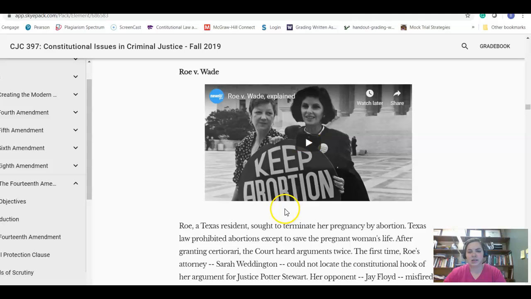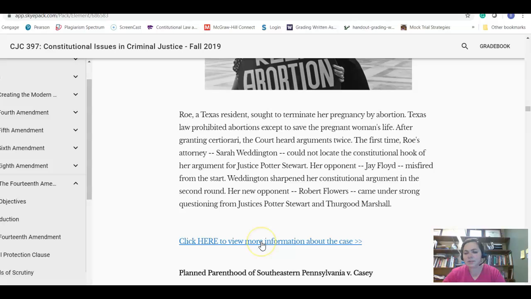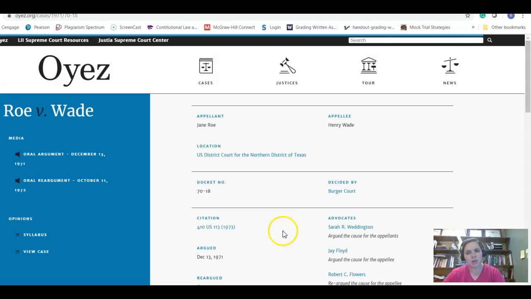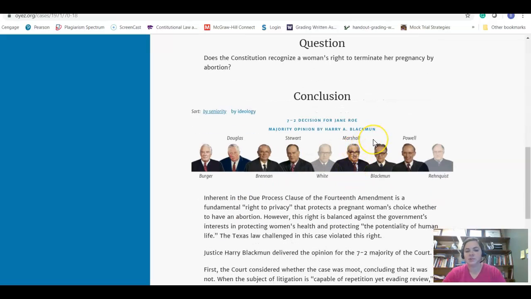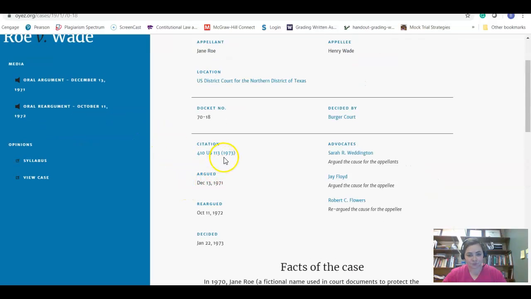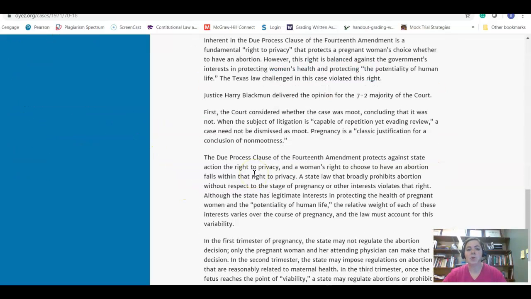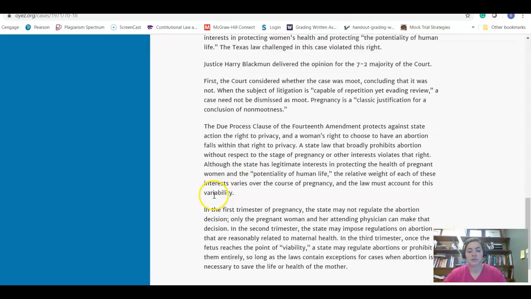The next case that we're going to really talk about is Roe versus Wade. This is something that we are all kind of familiar with. Roe versus Wade asked whether a woman's right to end her pregnancy by abortion is protected, and at this time in 1973, the Supreme Court determines that yes, for women in the first trimester, the government cannot interfere.